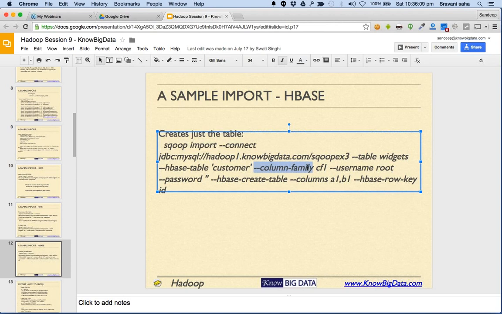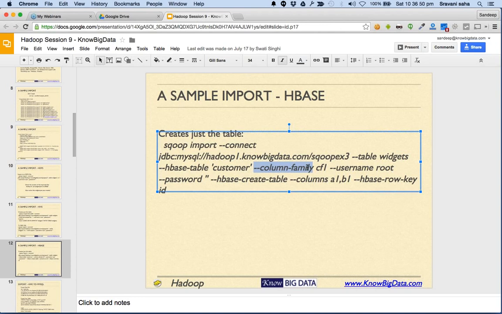So what exactly we are trying to do is copy these columns from this table into a column family. Now, if you recollect, in case of HBase, whenever we add columns, we always have to specify the column family, right? Therefore, when we copy data from MySQL to an HBase table, we have to specify that these columns go in a particular column family.